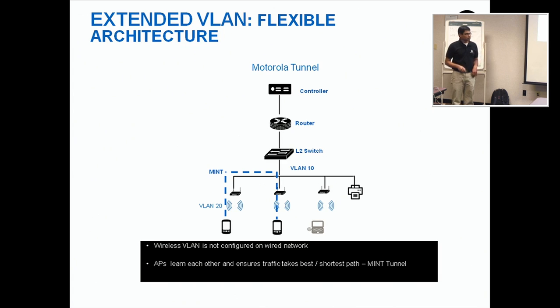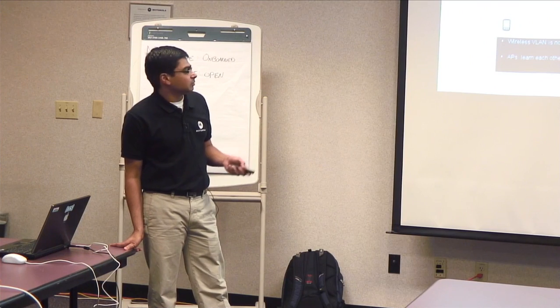So the takeaway from this is VLAN 20 isn't down in the infrastructure, and we're also not tunneling it up to the controller, but we're using Mint to tunnel directly to our shortest path. Okay. Same way if you have a wired printer, we could do it.